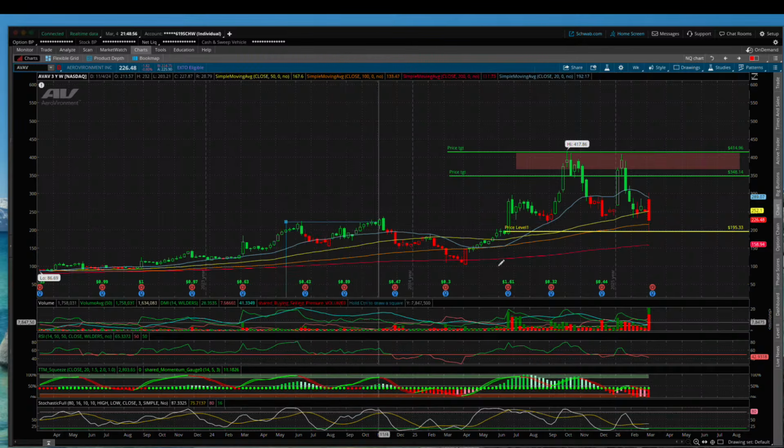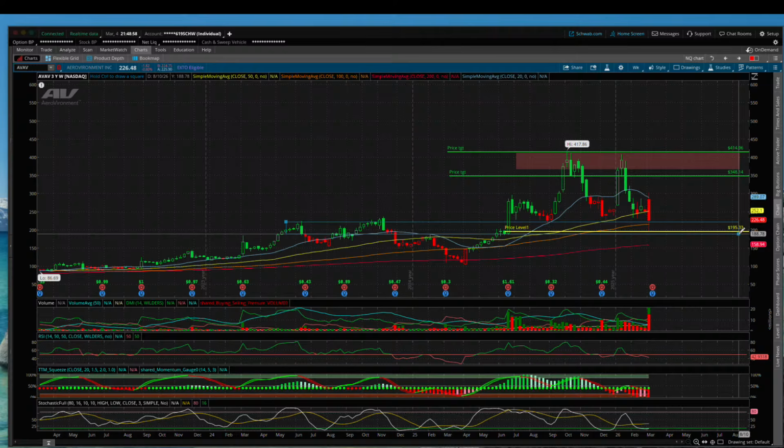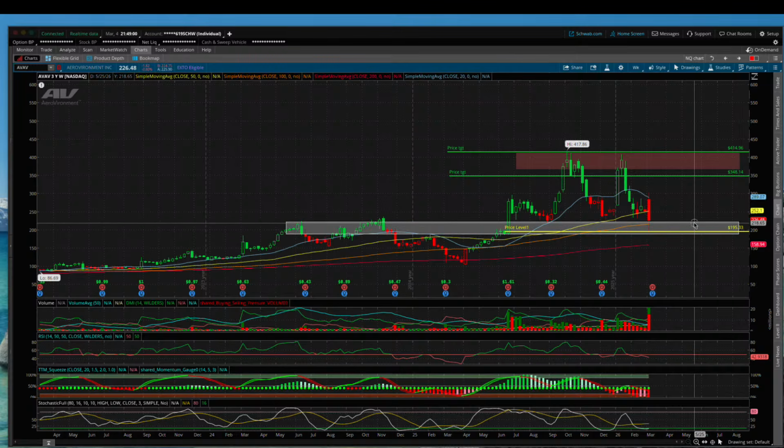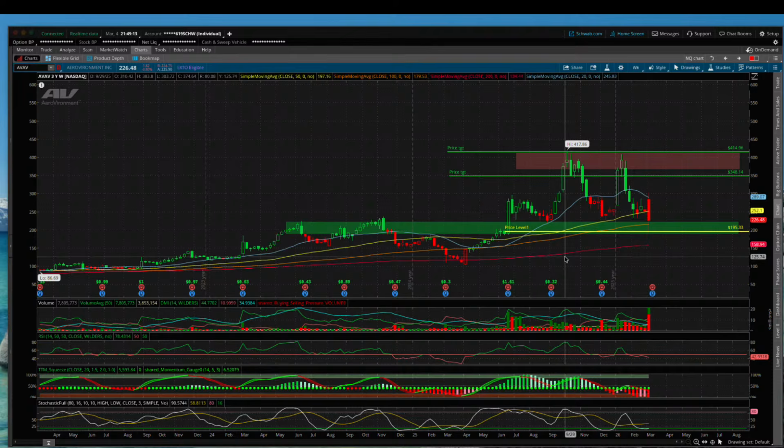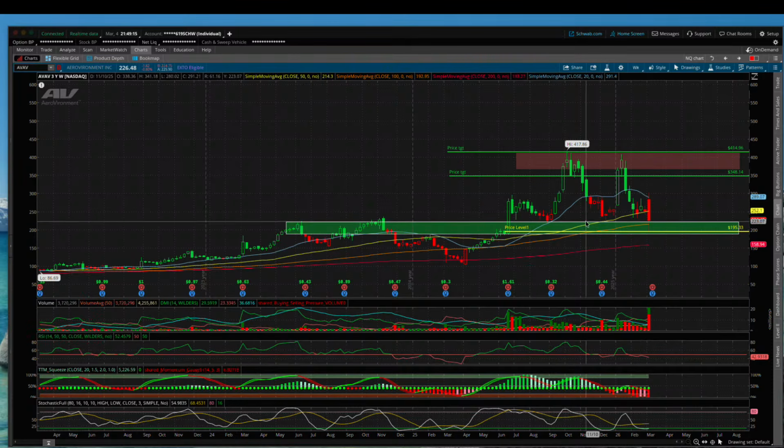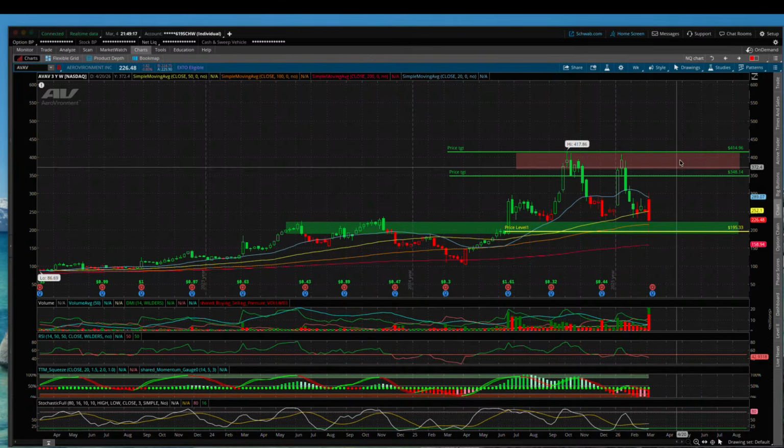Here you could be a buy zone. You could be a buy zone here. So you could do that. But otherwise, you either buy this and hold it long term because you believe in the company. But trading wise, you could try buy here, sell there.